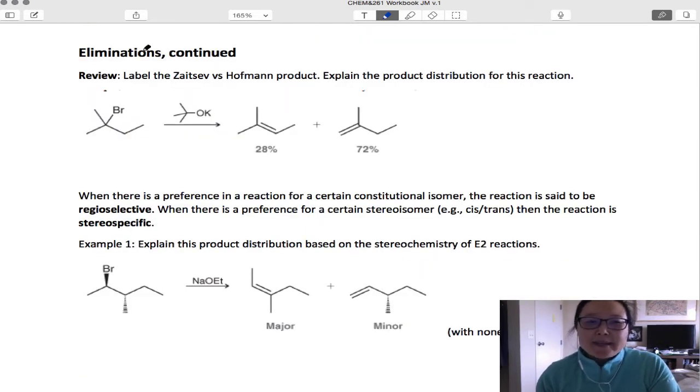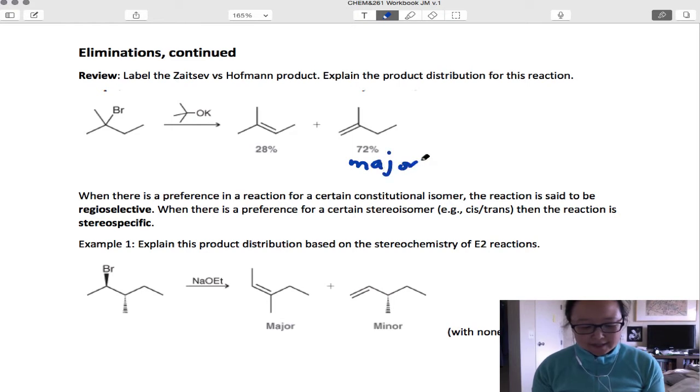In the elimination section here, there's a problem where we have this particular alkyl halide and it's reacting with this strong base. And we want to explain what the product distribution is. So that means the major product is this terminal alkene, and this minor product is the internal alkene.